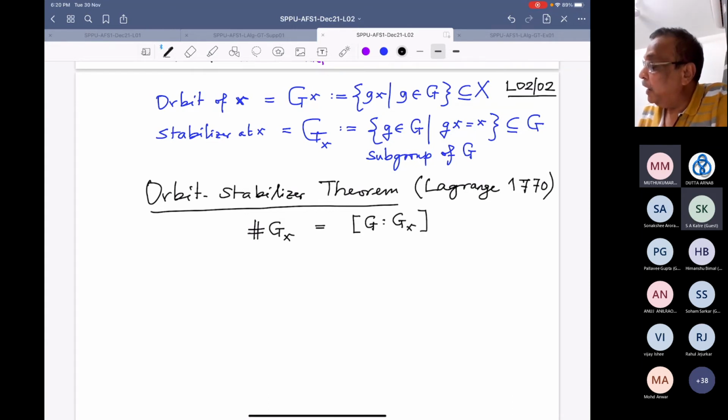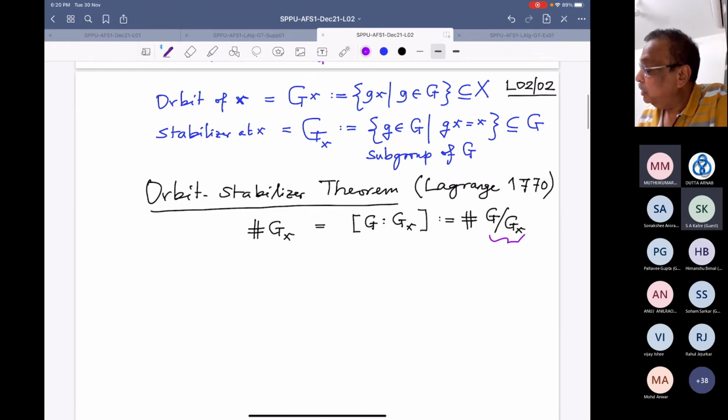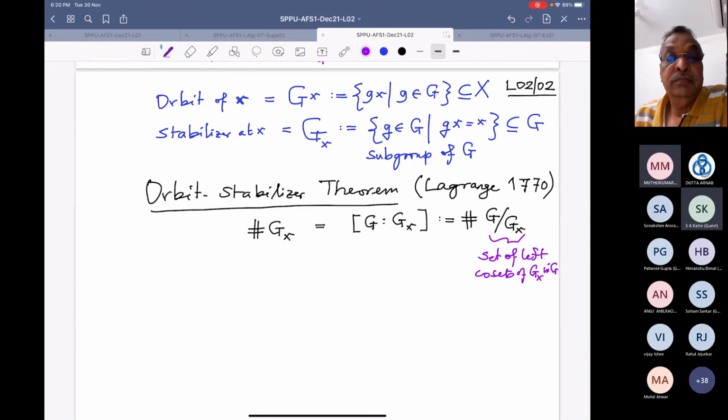By definition, the index is the cardinality of the set of left cosets of the stabilizer in G. That set doesn't have structure.